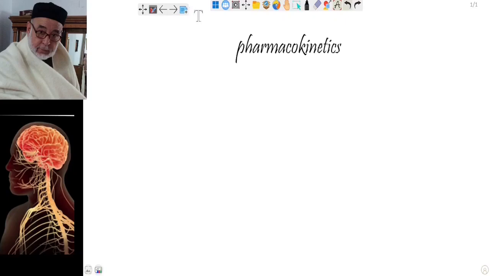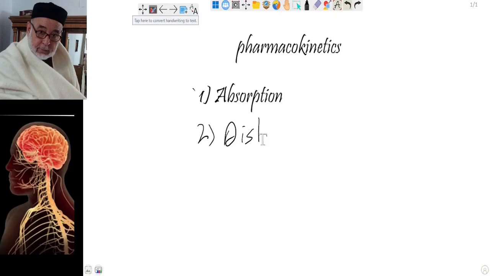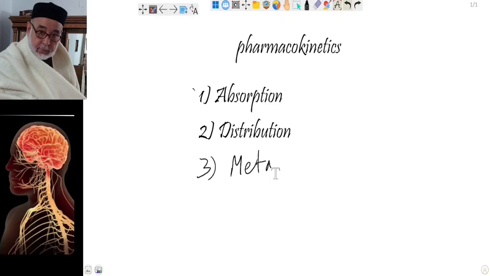So how do the benzodiazepines differ in their pharmacokinetic properties? As we know before, the pharmacokinetic process involves four steps. First, the absorption of the drug from the site of administration. Second, the distribution of the drug to different body organs, including the site of action. Then metabolism, in cases of highly lipophilic drugs.